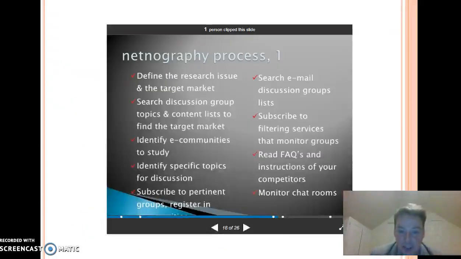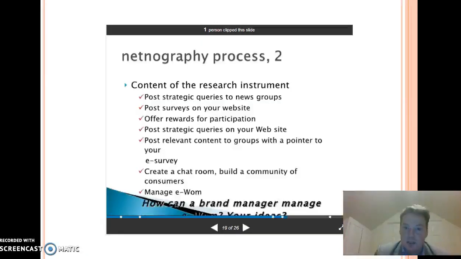So here we have an example of what the actual process consists of. We define the research issue. We look for discussion group contents to find our target market, identify the community, and what the specific topics are. Then we subscribe to the pertinent group to actually get involved. Search discussion groups, filtering services, read FAQs, all these things are part of it.